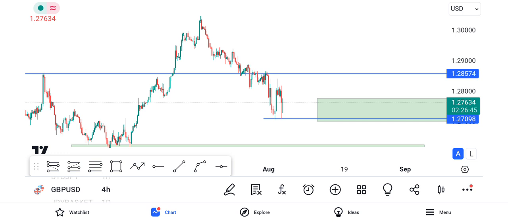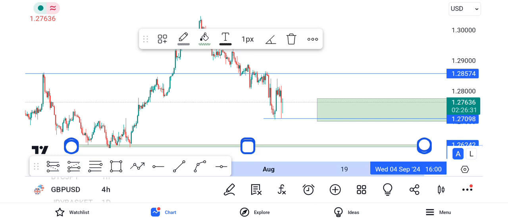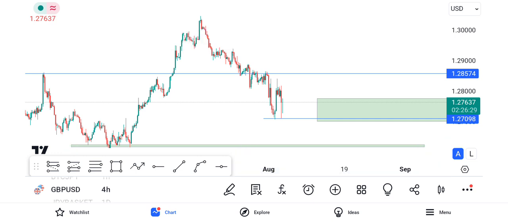So right here, I would wait and see what price has to do for us. Either it breaks this place, retests, then we continue shorting to this support right here, or price can just bounce off from this support right here and then go higher.